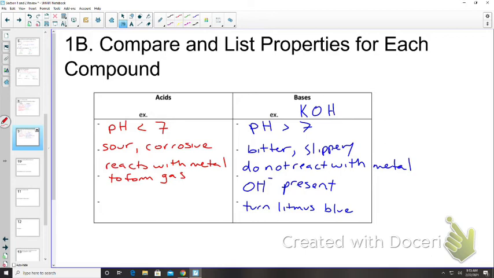Turns litmus red. And typically we have hydrogens present. And an example of an acid, HCl, hydrochloric acid.